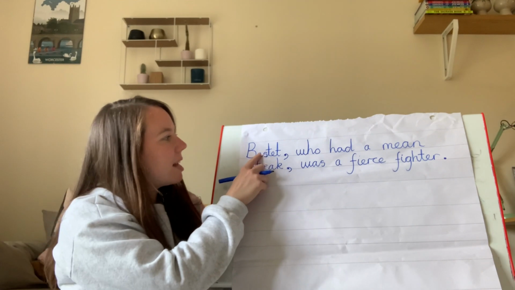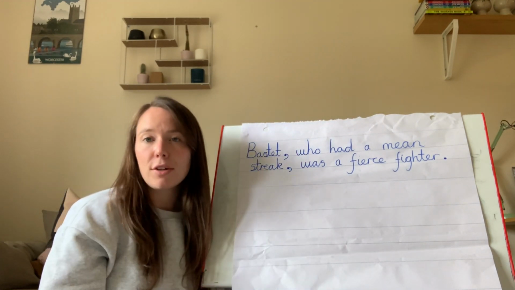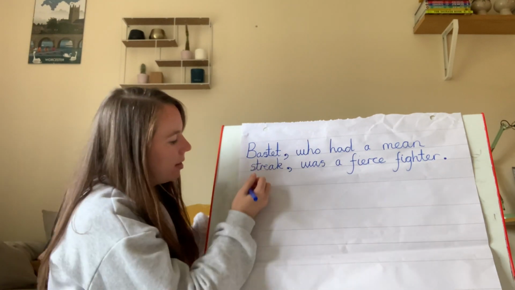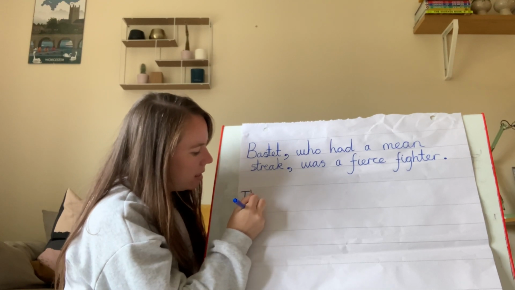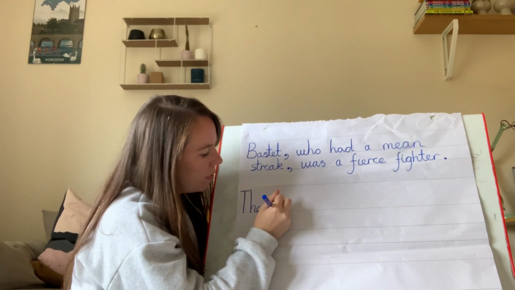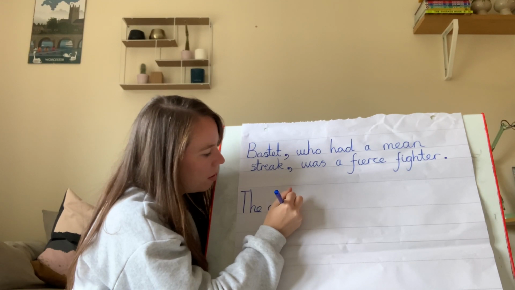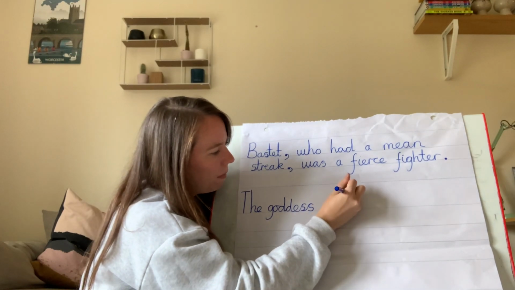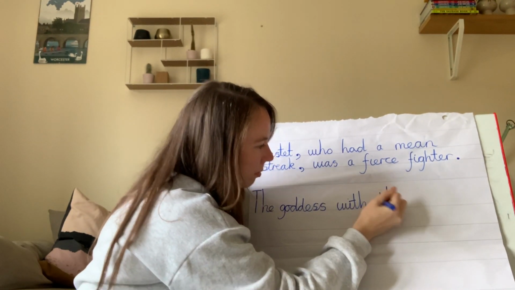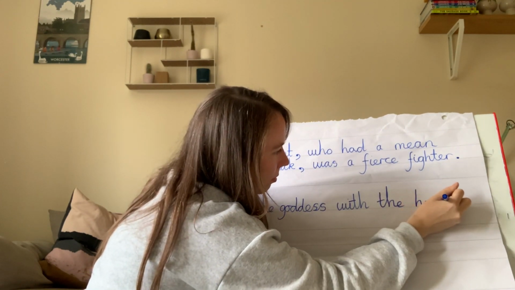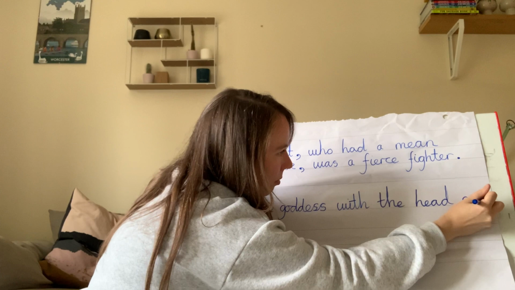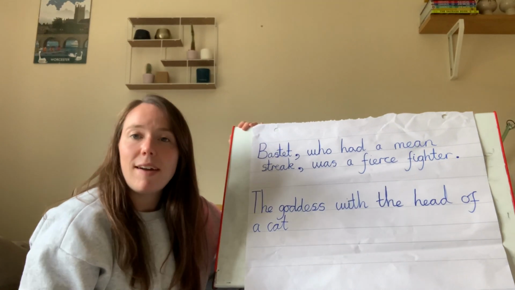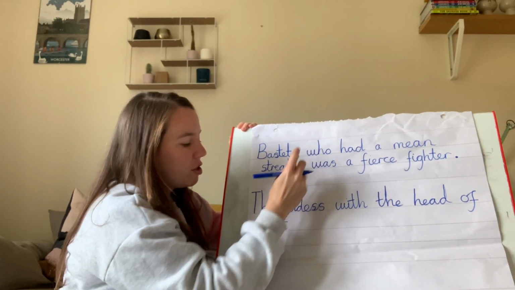We've started this sentence with the name of the goddess, Bastet. I'm going to start my next sentence with the goddess with the head of a cat, as that's what Bastet looked like. So I need a big capital letter to start my sentence: The goddess with the head of a cat. Now, for my relative clause, I'm still going to use the relative pronoun who.